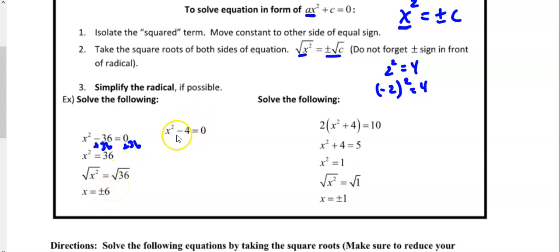So if I have x squared minus 4, again, I'll add 4, so that x squared is equal to 4. Square root both sides. Pull the x, that's equal. Put the plus or minus in front, and the square root of 4 is 2.